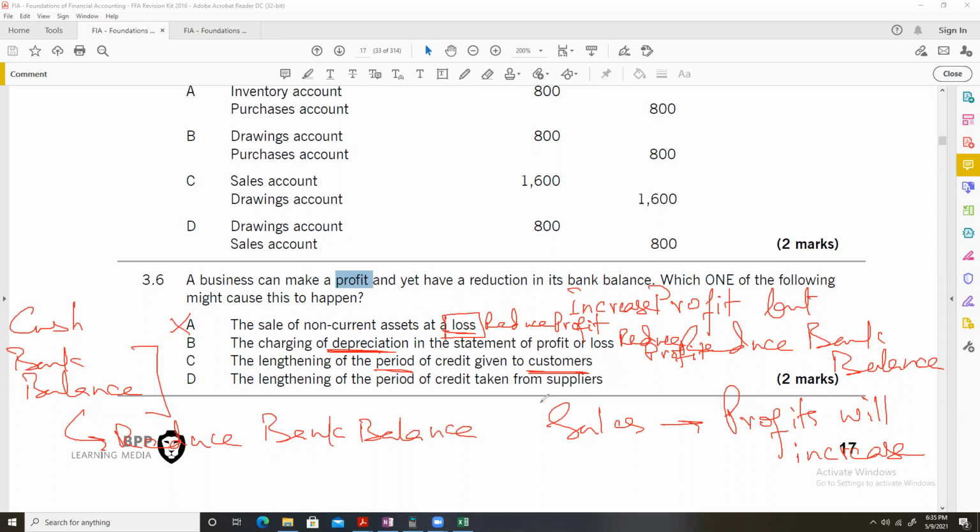So this transaction will increase profits, but at the same time decrease bank balance. So this is the correct answer. C is the correct answer.